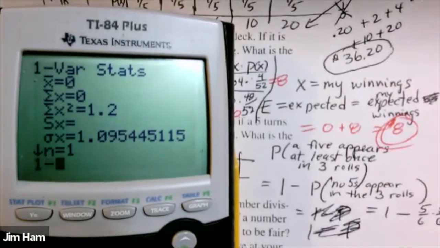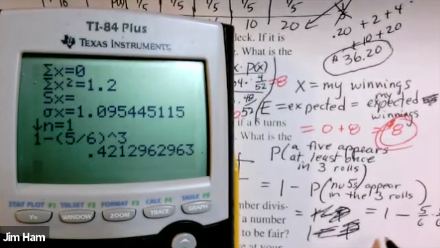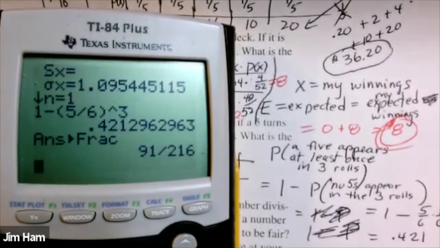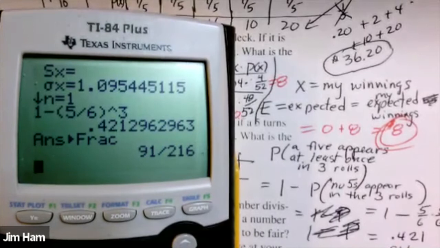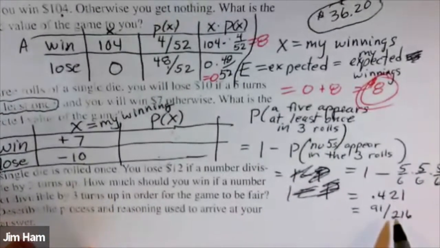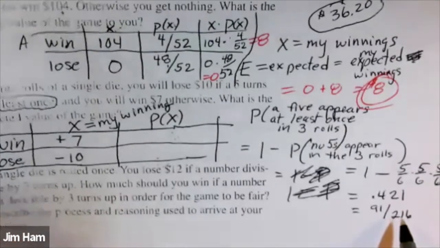But 1 minus 5 divided by 6 to the 3rd power is 0.421. And if we want to convert that to a fraction, that's 91 over 216. All right, so this is the probability of getting a 5 at least once.